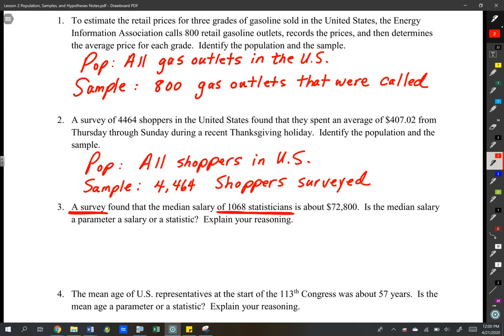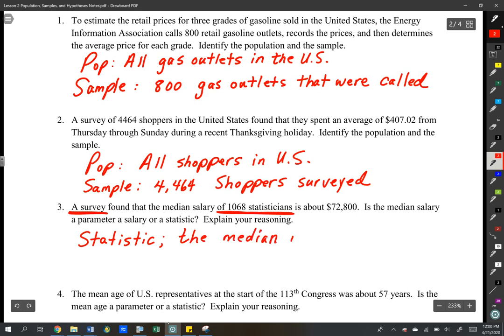So since we're taking a sample with this survey, we know that we're talking about a statistic. All right, so I'm going to write statistic. The median is based on a subset of the population, or a sample of the population.